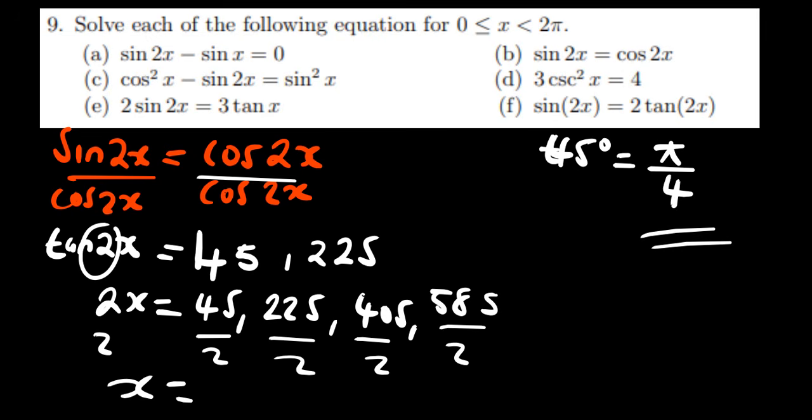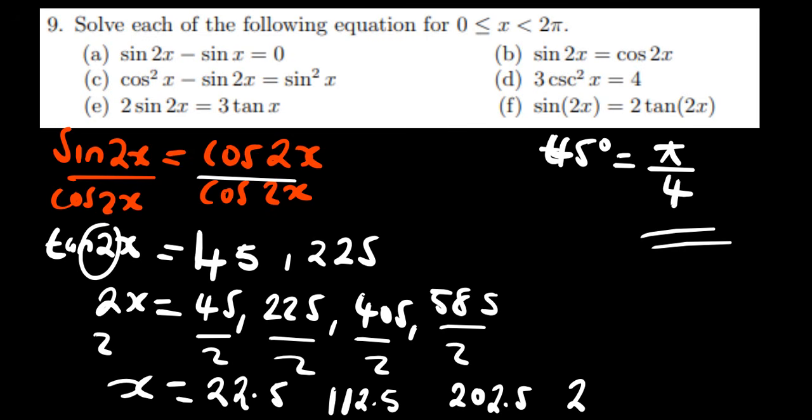Therefore x will be all the answers that you're going to get. So 45 divided by 2 is 22.5. Then 225 divided by 2 is 112.5, and so on for the others.